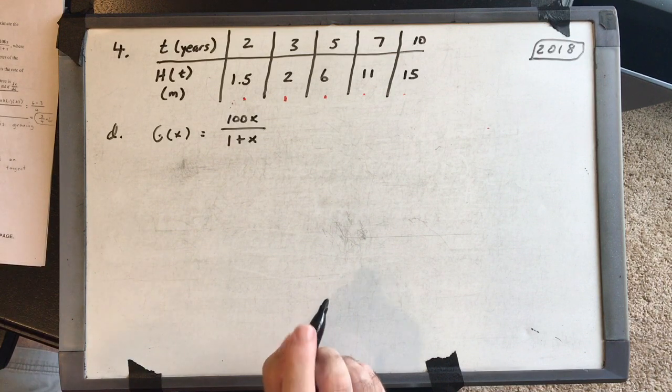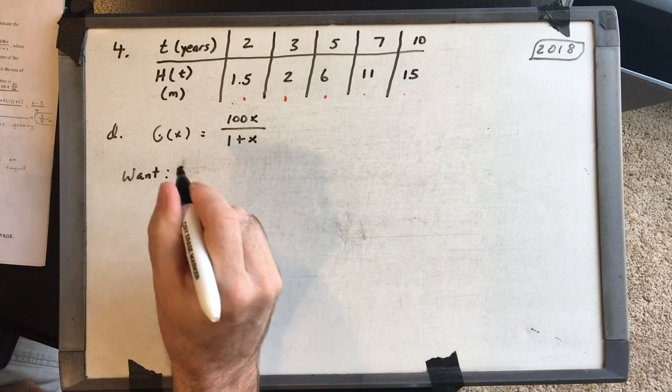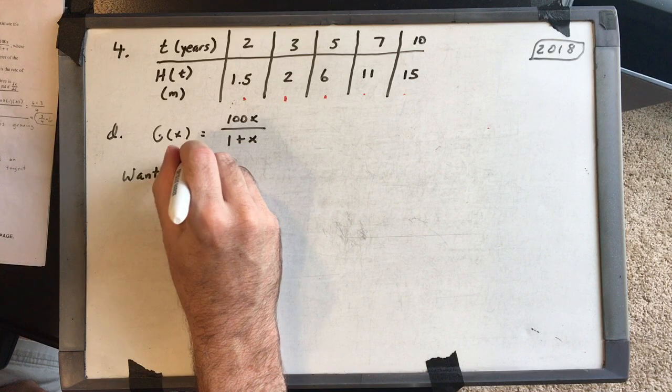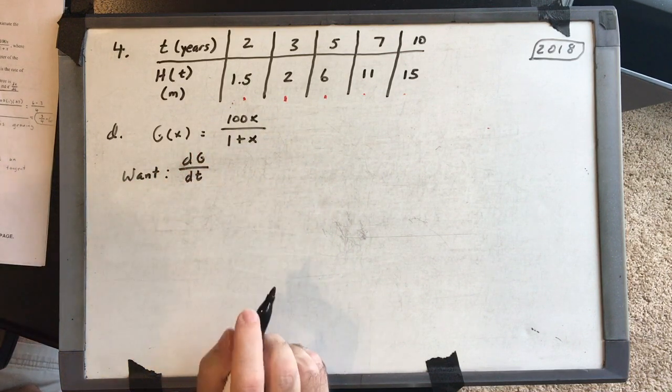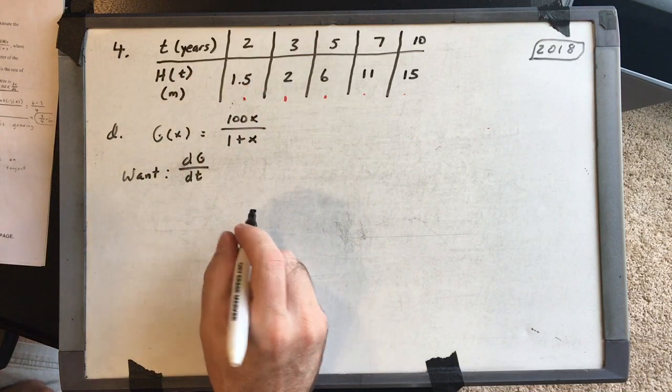Okay, so for a related rates problem, the height of the tree is given by g, right? So we want the rate of change of the height, dg dt. Would have been nice if they'd have called it h, but I guess they did that up here.